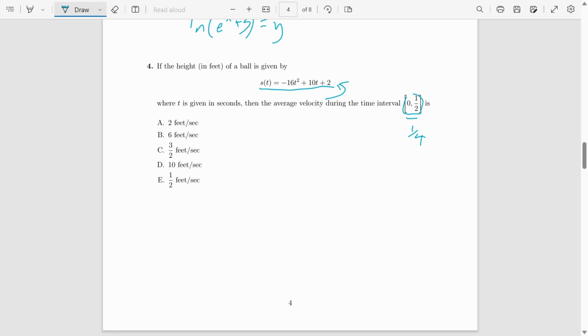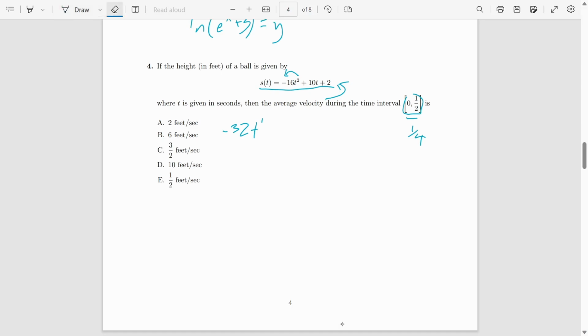This is a fairly easy derivative compared to some of the stuff you'll be doing later on in the semester. You just move the exponent out there, and then reduce it by 1. So negative 16 times 2 is negative 32, and then t to the 2 minus 1 is 1.